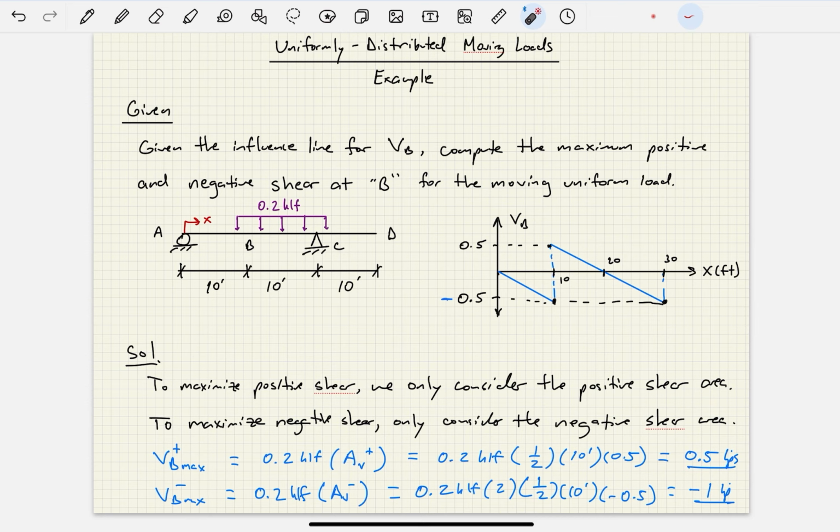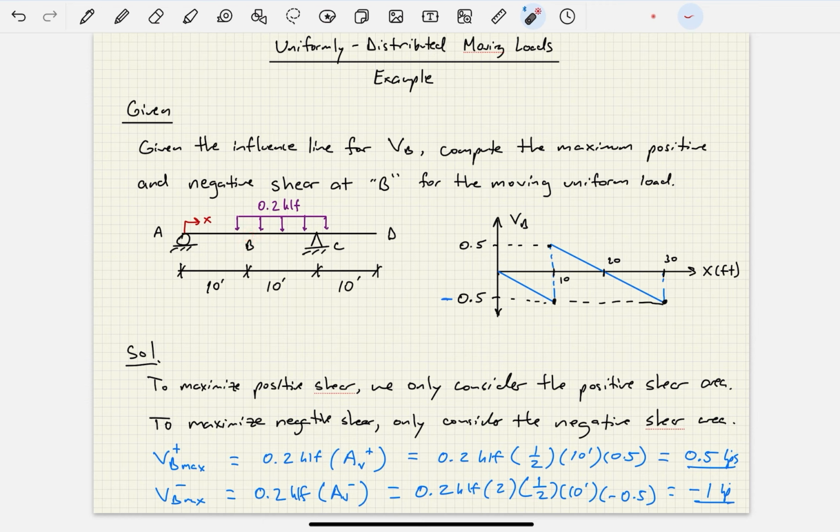Well, that would be if you have 0.2 KLF spread out over this domain and you have a gap in the load and you also have it spread out over the other negative domain right here. So for example, this would be a gap loading, and you would have that uniform load only spread out over these two domains. That's what would cause a maximum negative shearing effect at that point B.